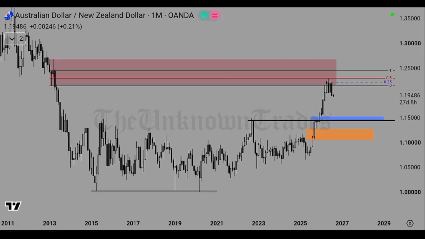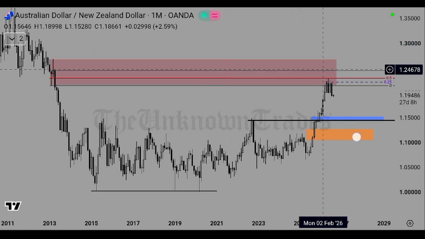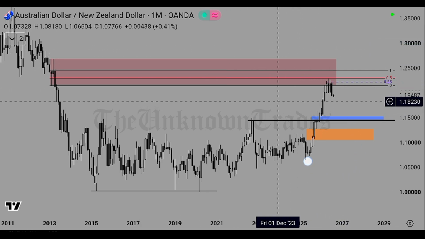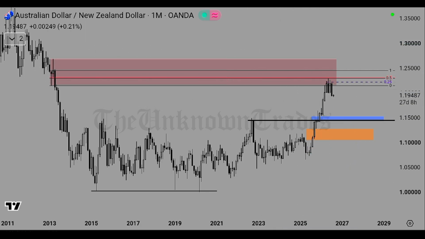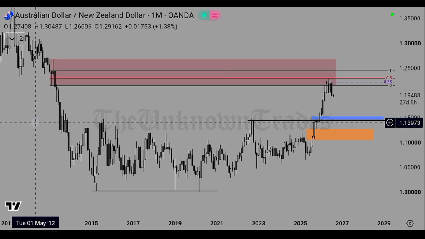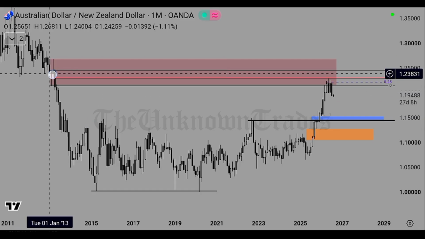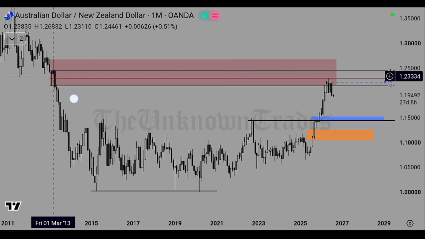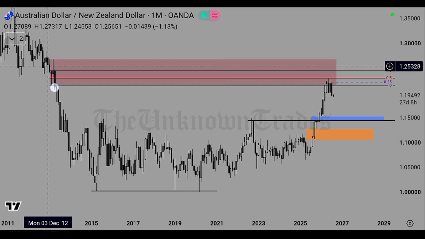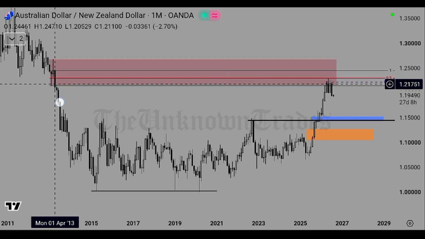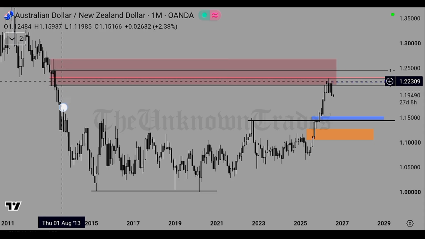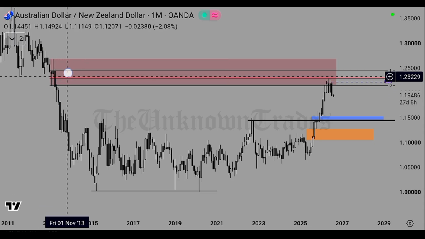So this is the 1 month chart of that pair, AUDNZD, Australian dollar, New Zealand dollar. And if I look back there, we get a clear order block with inefficiency here. So I can refine this more.